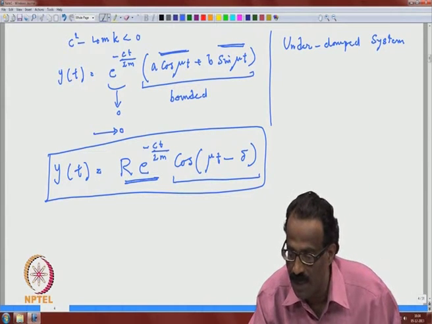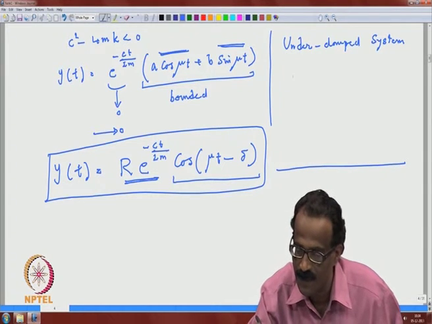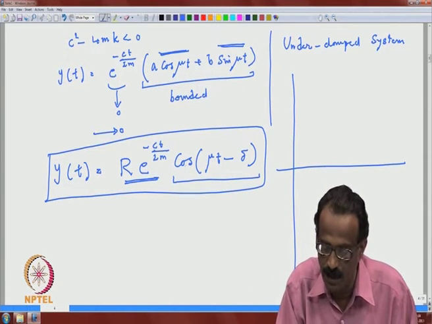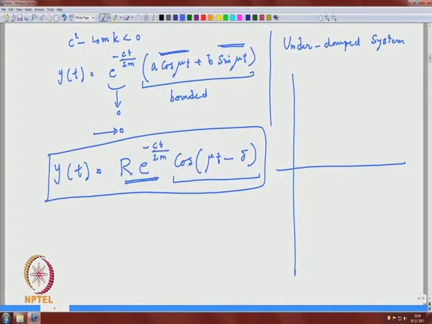So, if you plot the graph of this function, it oscillates, cos takes values between minus 1 and plus 1, and hence it will also take values between these limits. So, if you plot this curve, this is an exponentially decaying curve with r. So, if you plot that curve, you will have a curve which goes to here.